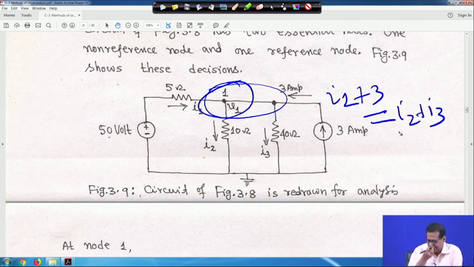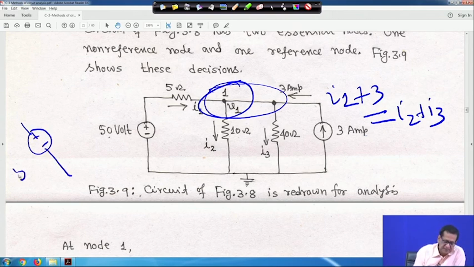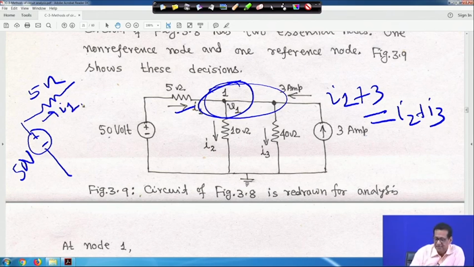For finding out I1, as I told you in the previous two examples, take this part separately. I am drawing it for your understanding. This is a 50 volt source, and you have a 5 ohm resistance with current I1, and this voltage is V1 with respect to this reference.